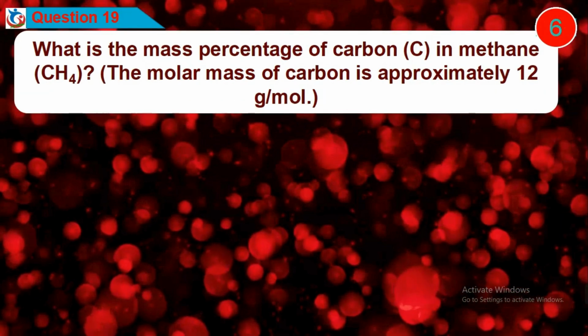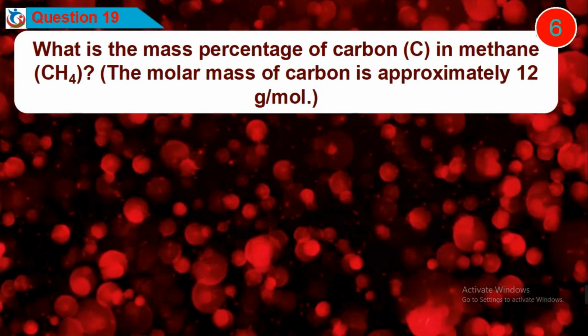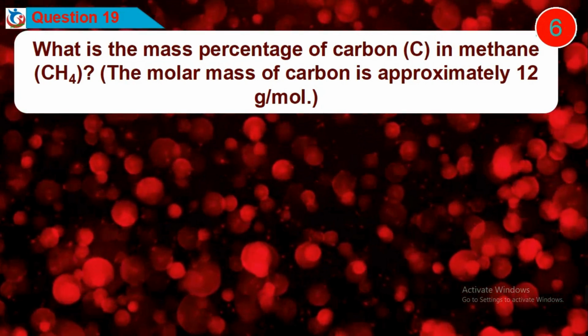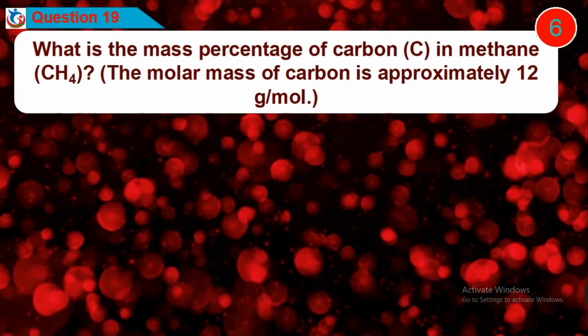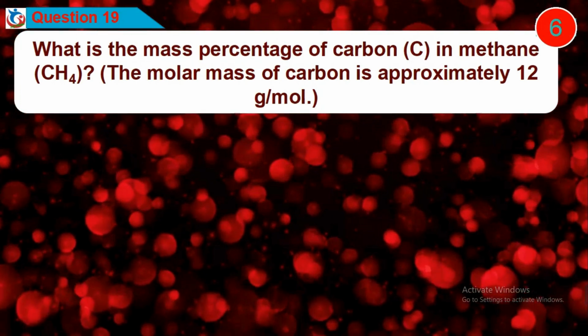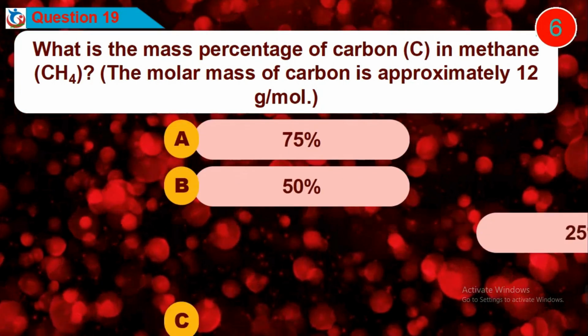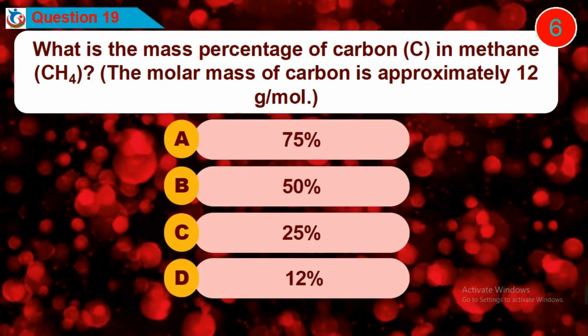Question 19. What is the mass percentage of carbon in methane? The molar mass of carbon is approximately 12 grams per mole. Is it option A, B, C, or D?